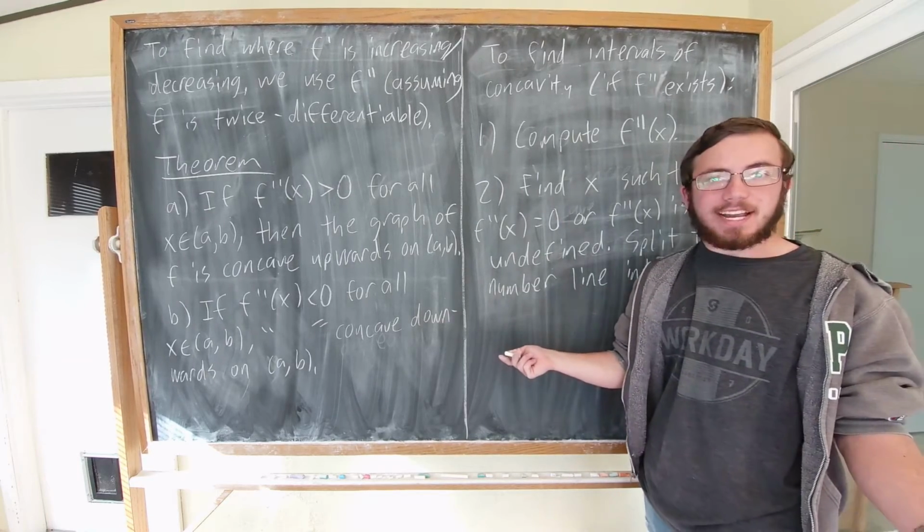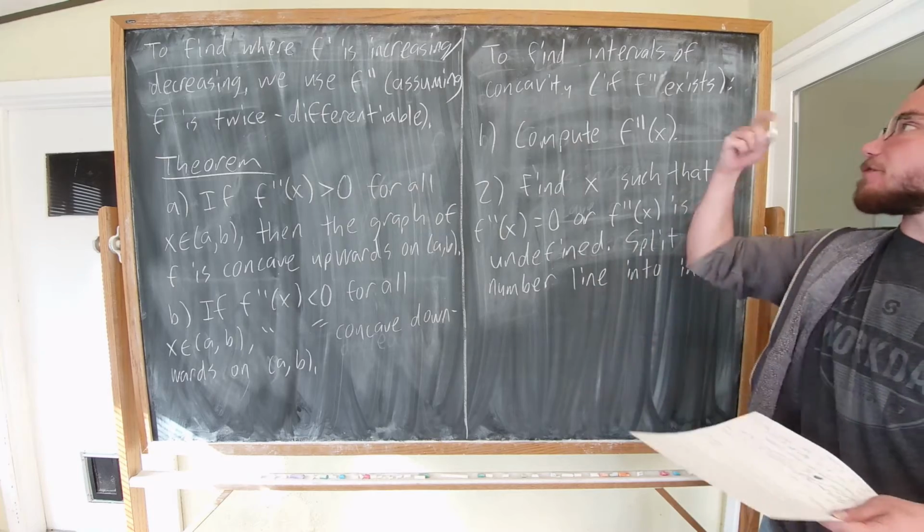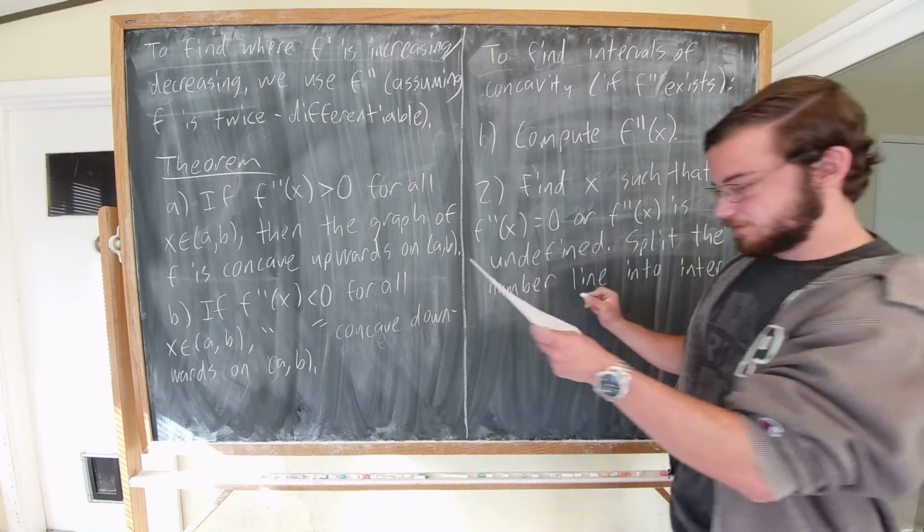Then finally, we'll use test points to determine the sign of f double prime of x on those intervals.